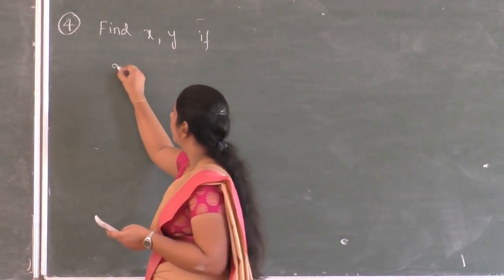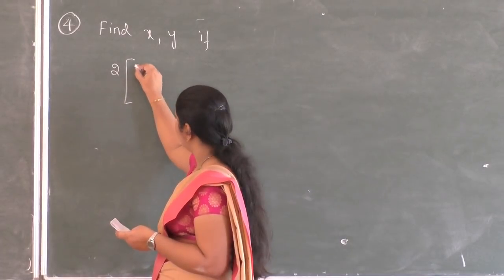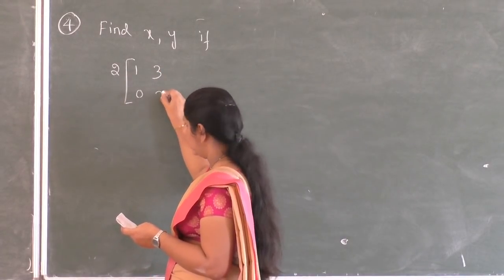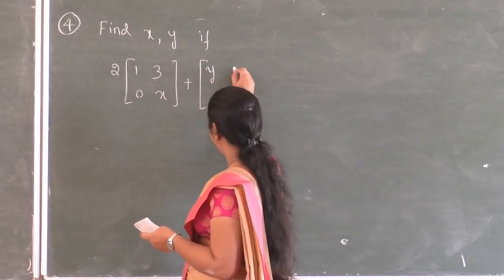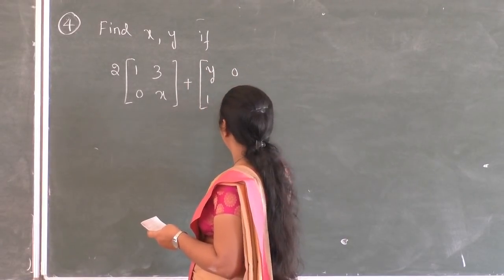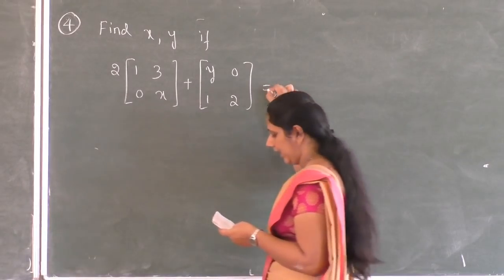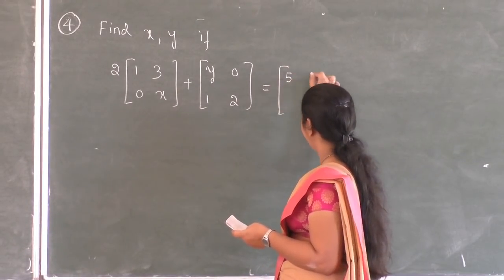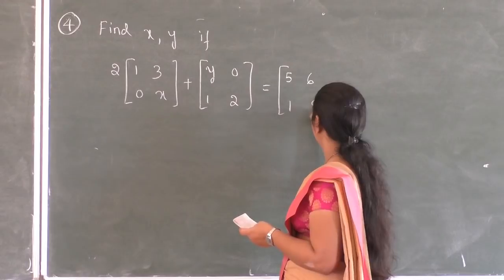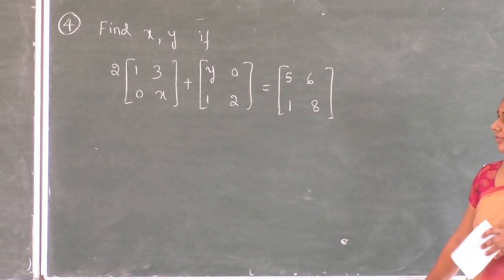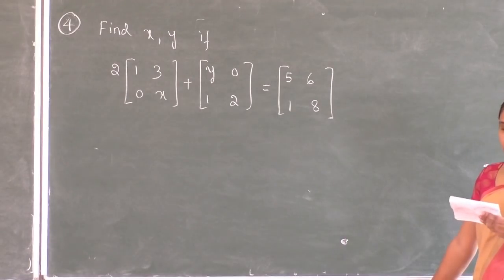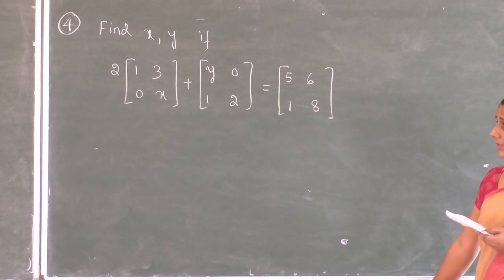If 2 into [1, 3, 0, x] plus [y, 0, 1, 2] equal to [5, 6, 1, 8]. So you have to find the values of x and y if the given matrix equation equals [5, 6, 1, 8].